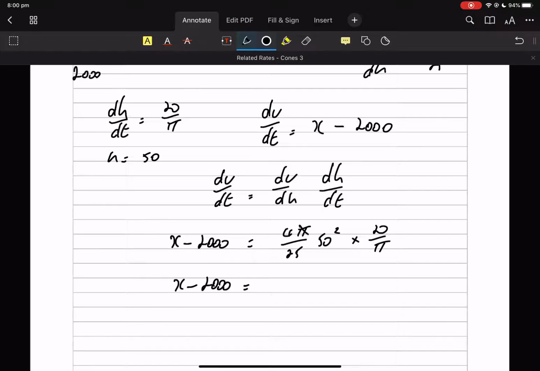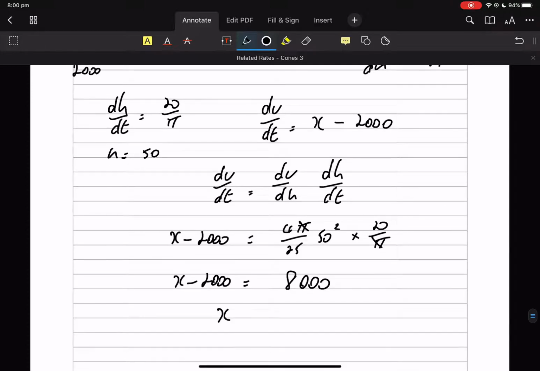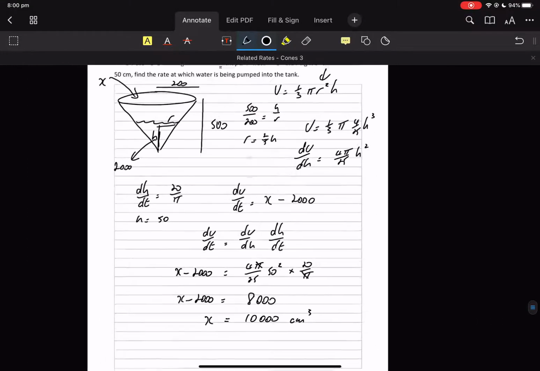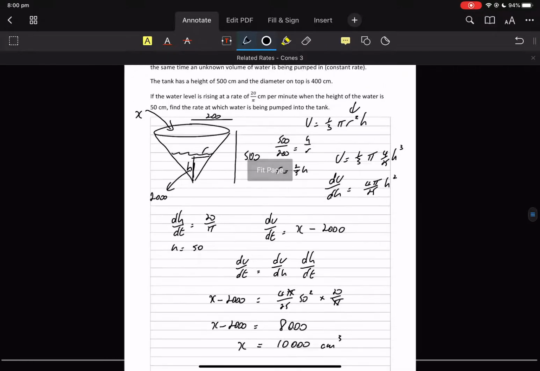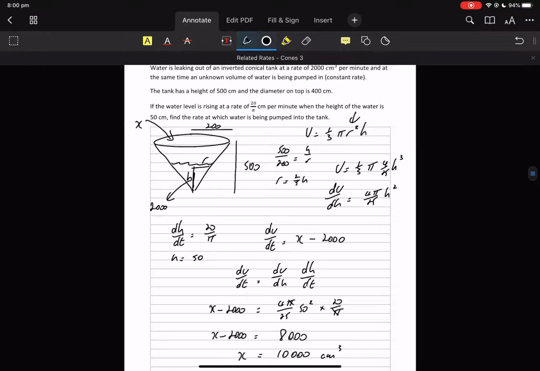So the pi's will cancel, for 8,000. So the rate that the water's going in is going to be 10,000 cubic centimetres a minute. There you have it.